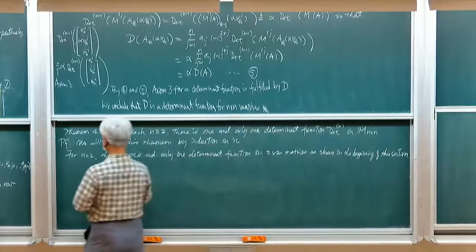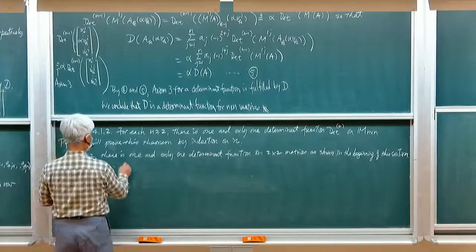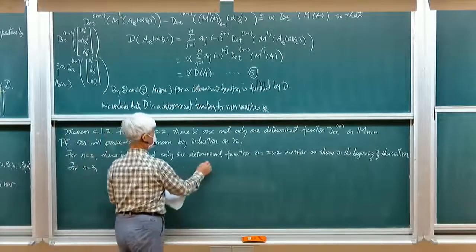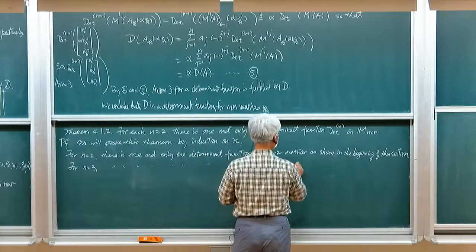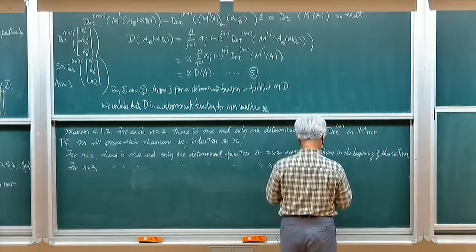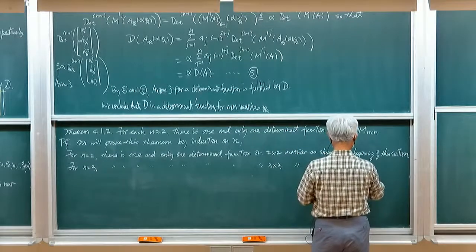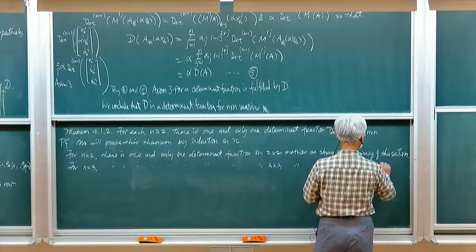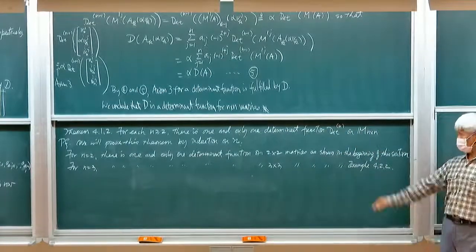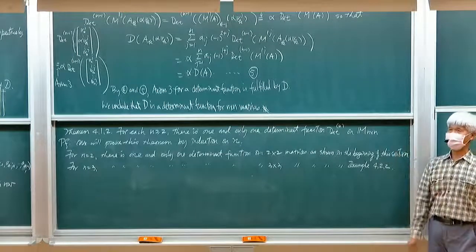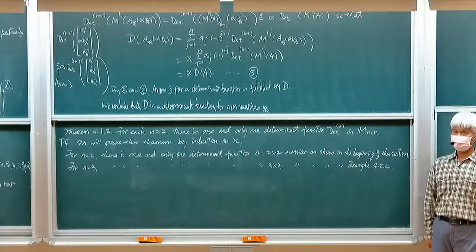And for n equal to 3, there is one and only one determinant function on 3 by 3 matrices, as shown in example 4.2.2 in my lecture notes, but I haven't discussed that in the class lecture.